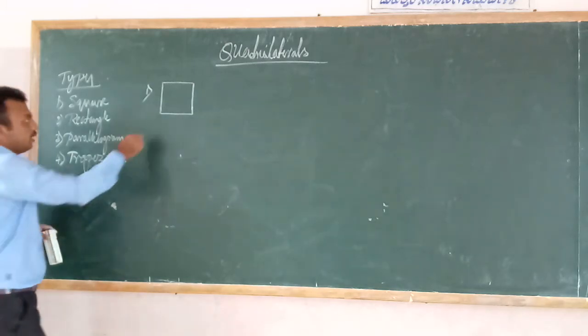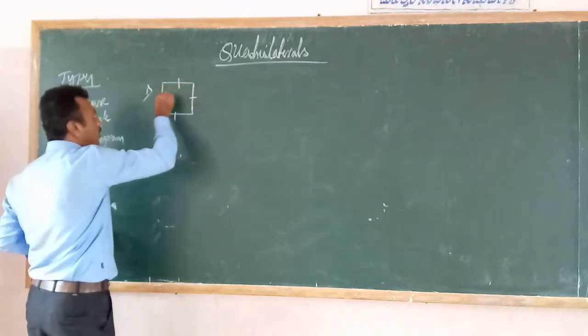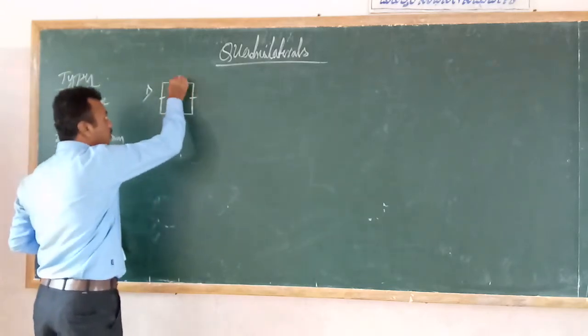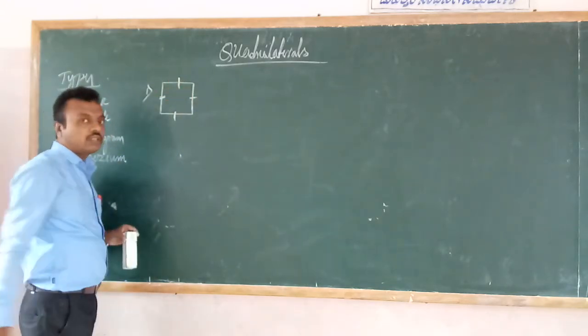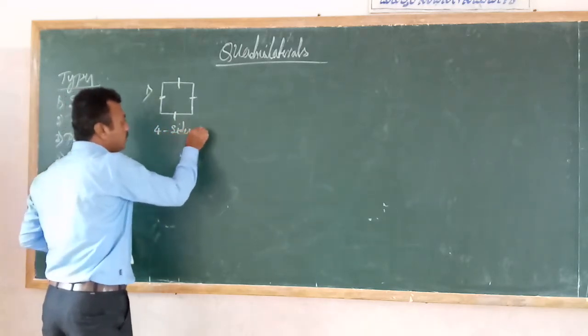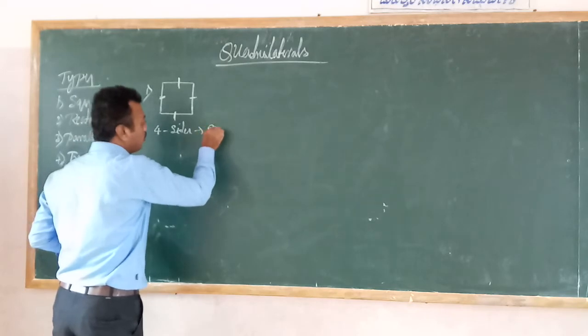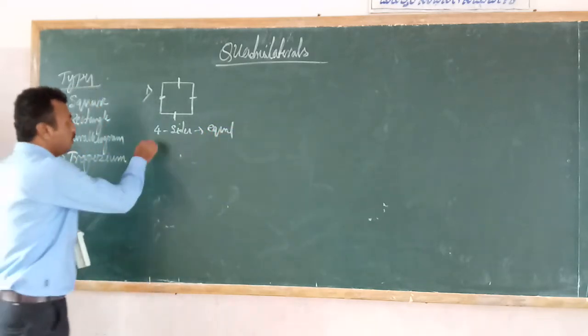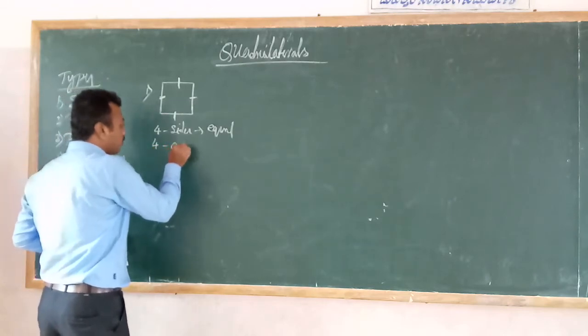It has four sides: 1, 2, 3, and 4 sides are there. Is it right? So these four sides are what? Equal. All four sides in a square are equal. The next one: four angles are there.